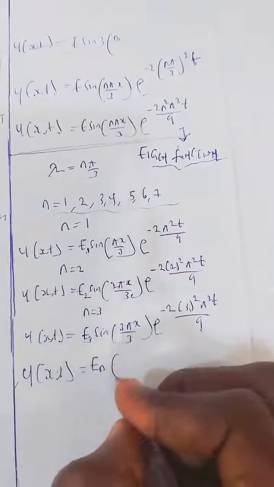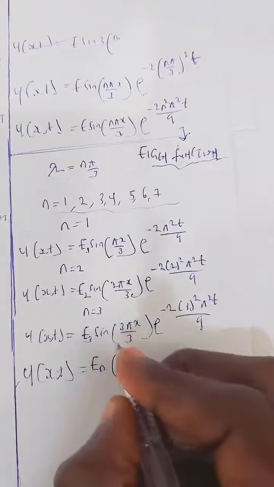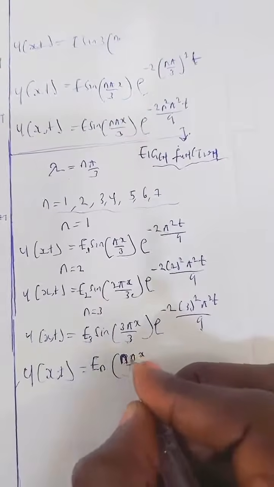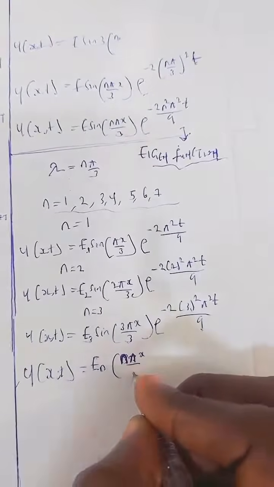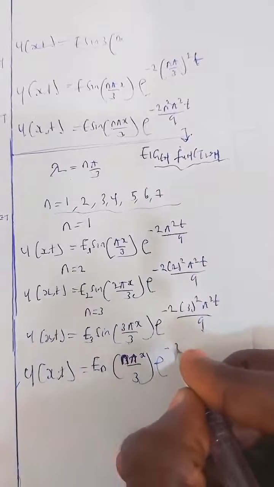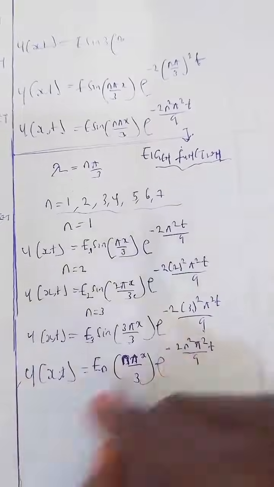all into bracket n pi x over 3, exponential negative 2n squared pi squared over 9 multiplying t.